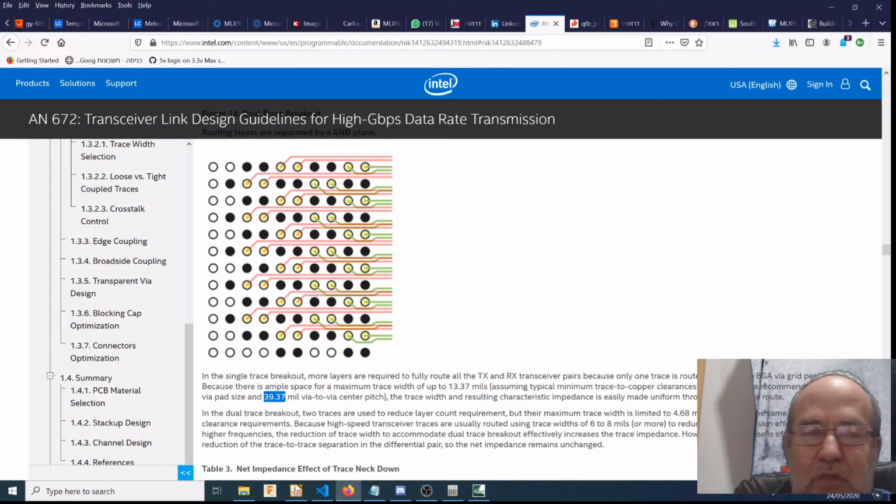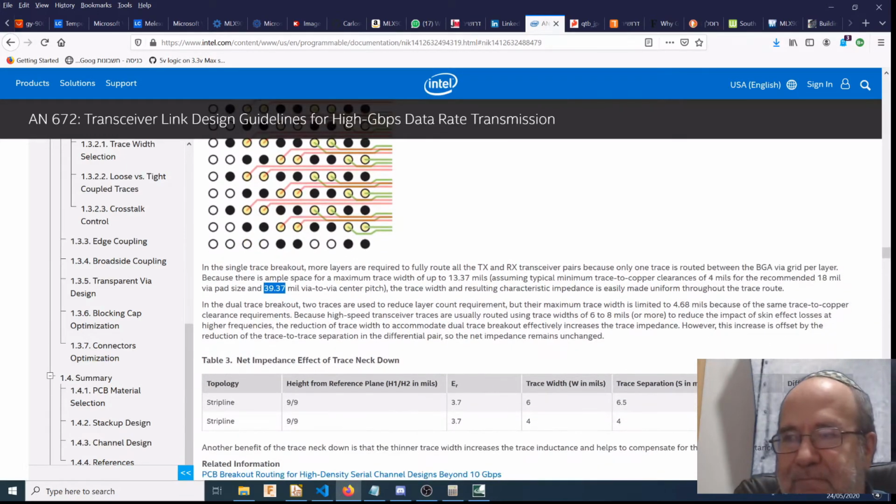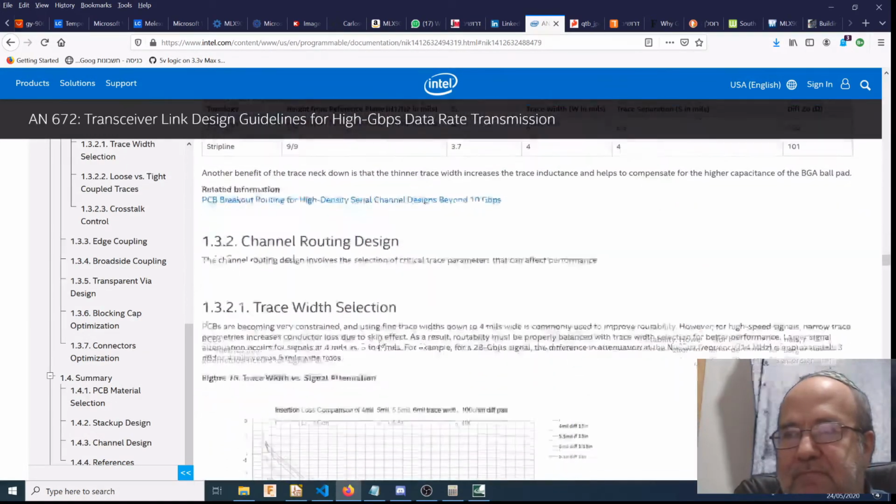You're not going to be able to do this on a 0.4mm, 0.6mm BGA. You're not going to have the space to go between the pins. Your vias won't allow you to do this. Okay.